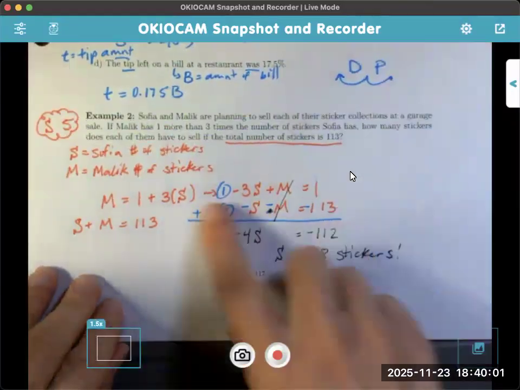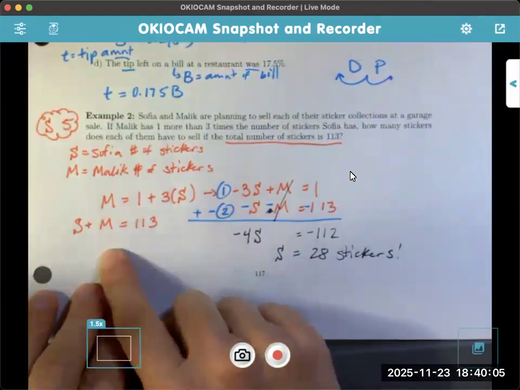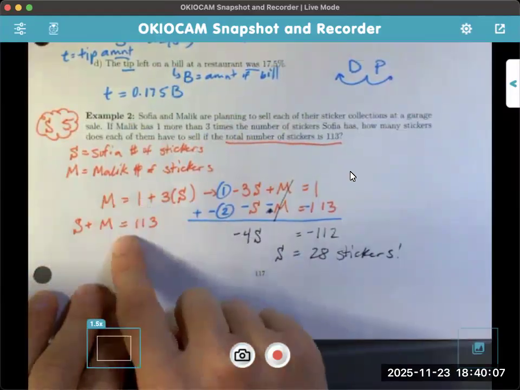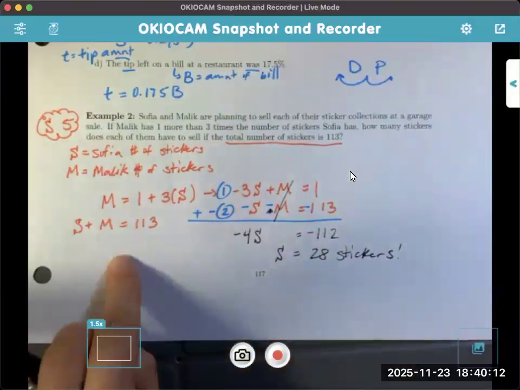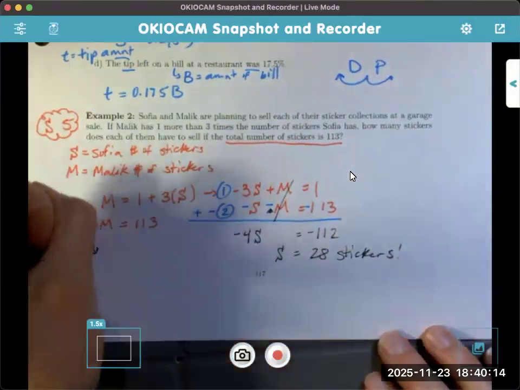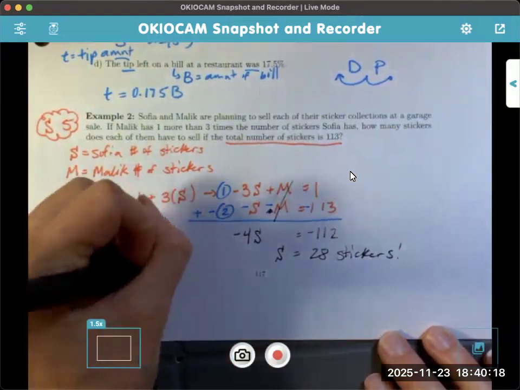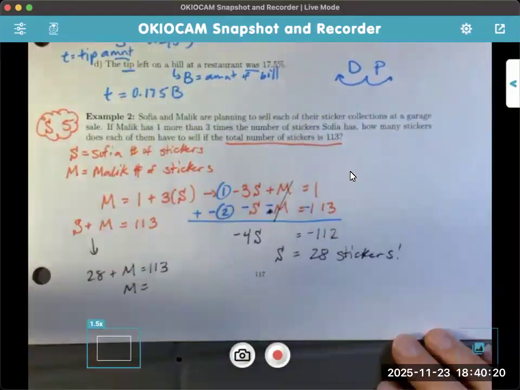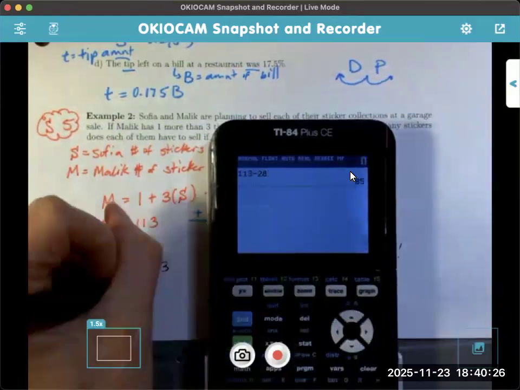We now have to go and find how many Malik has. But we know from either version of this, you can do this version, you can do this version. I mean, you can do any weird version of these. That's totally fine. So let's see. If I do just from here, 28 plus M equals 113, then M is equal to 113 minus 28.